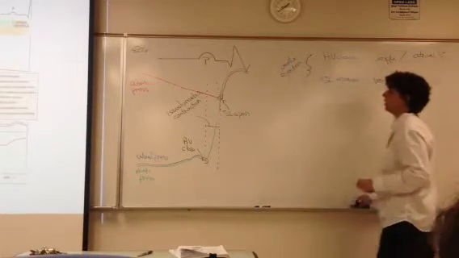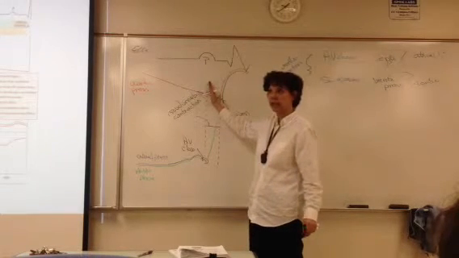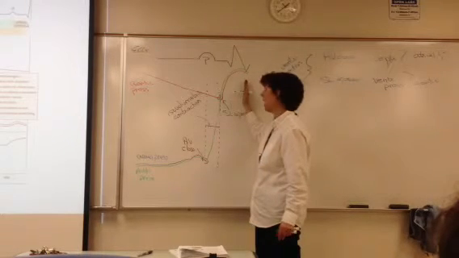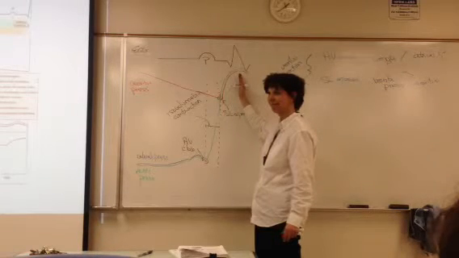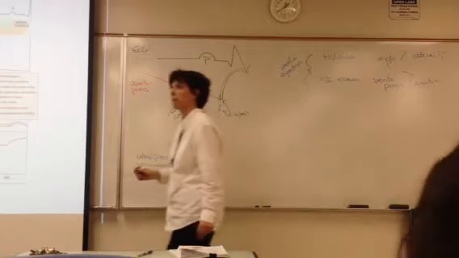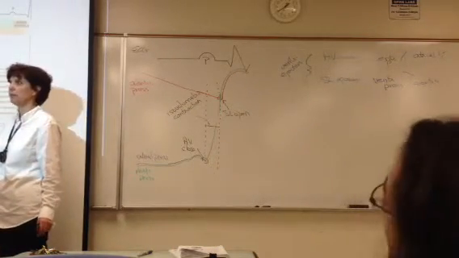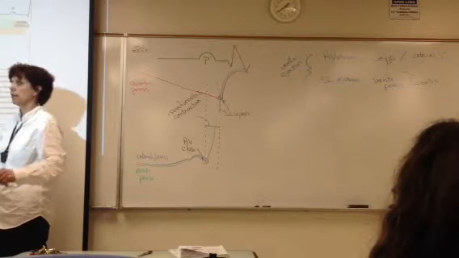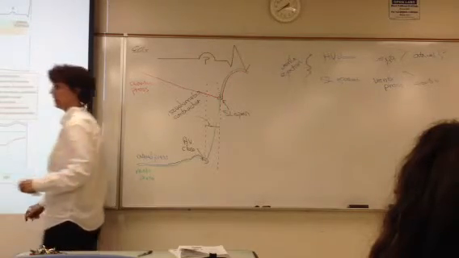So we went from ventricular filling to isovolumetric contraction. We open the semilunar valves, blood flows into the aorta, and we have ventricular ejection. And it's considered ventricular ejection the whole time the semilunar valves are open, because blood is leaving the left ventricle and going to the aorta at the same time it's leaving the right ventricle and going into the pulmonary trunk.